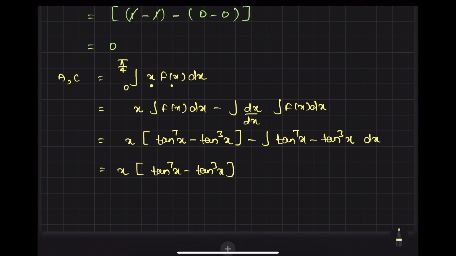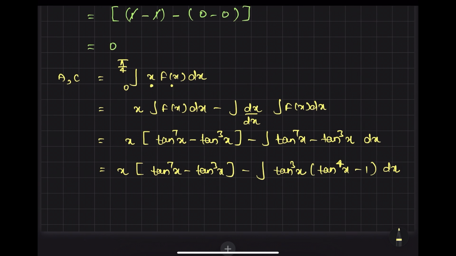Correct? So look here, we will first simplify things. Can I take tan cube x as common? We will be left with tan power 4x minus 1 dx. Now here I can apply a plus b, a minus b, and a plus b will become, because it is a square minus b square, and a plus b will become tan square x plus 1.